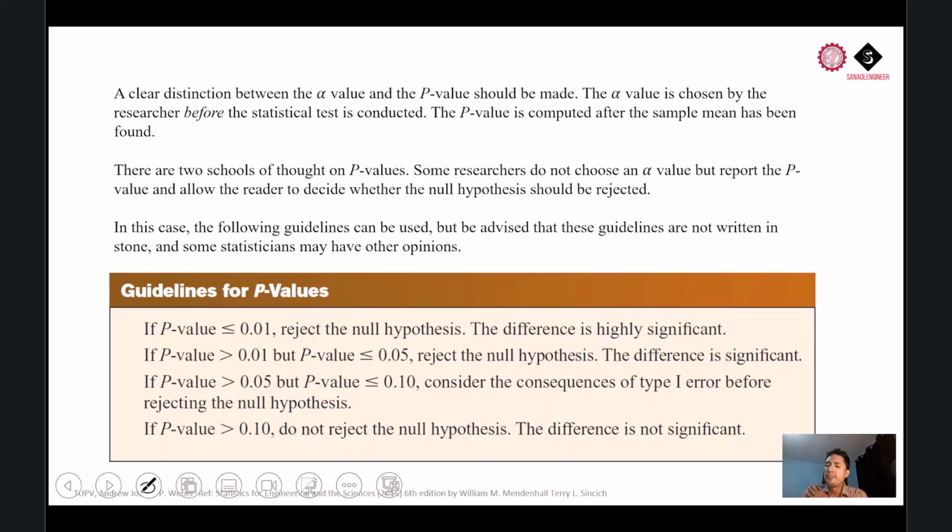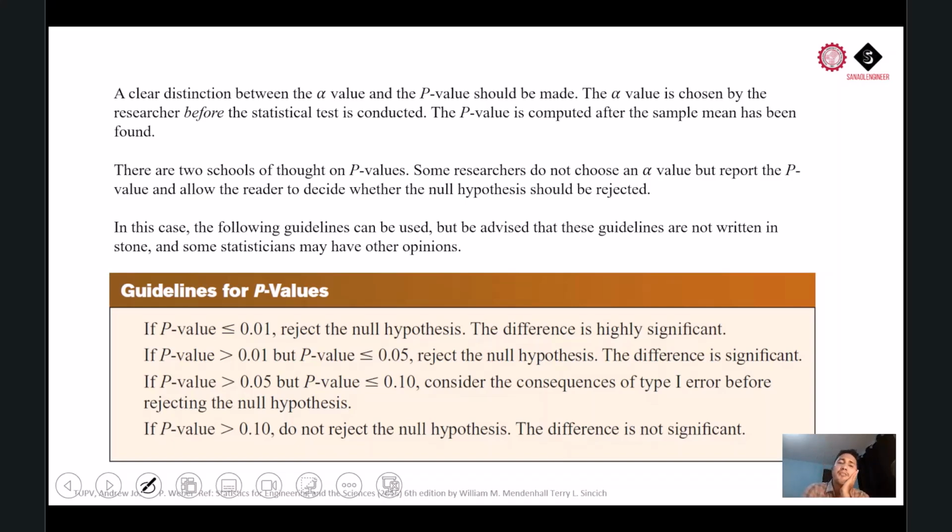Okay, so if a researcher selects, for example, a 1% or 0.01 significance level, and the p-value is 3% or 0.03, the researcher may decide to change the alpha value from 0.01 to 0.05 so that the null hypothesis will be rejected.